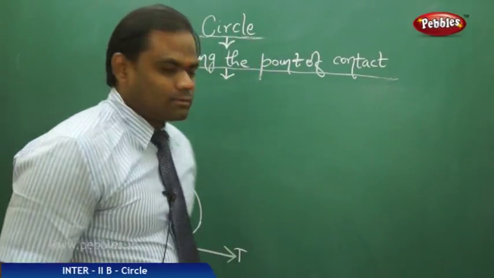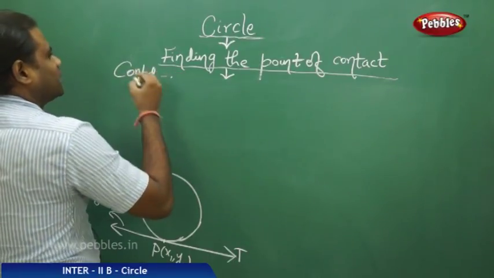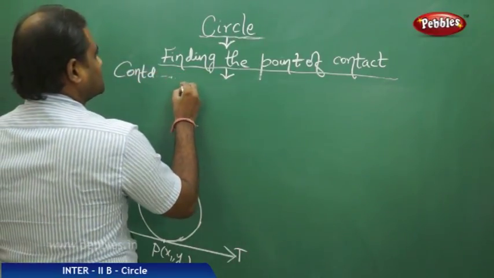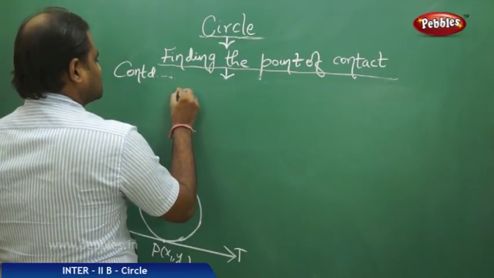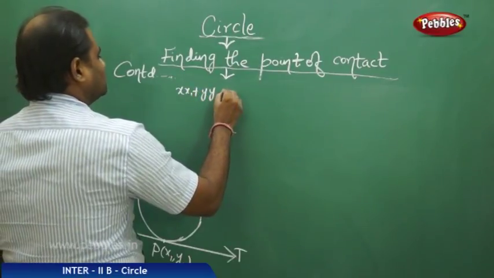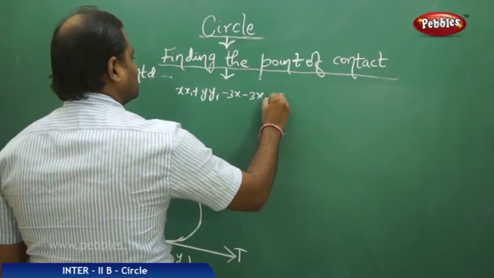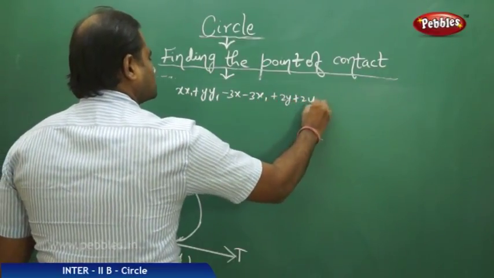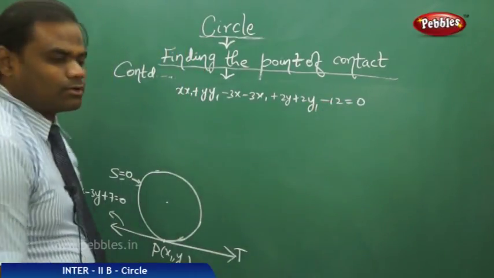So therefore, continued from there, I have the equation of tangent which reduces to xx1 + yy1 - 3x - 3x1 + 2y + 2y1 - 2l = 0.